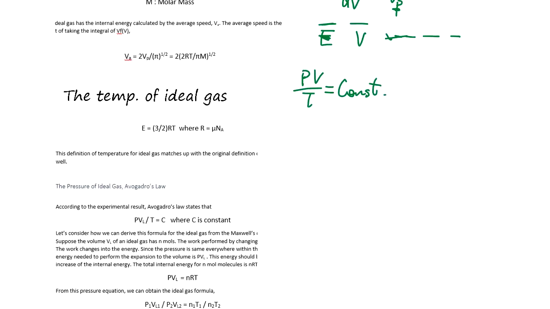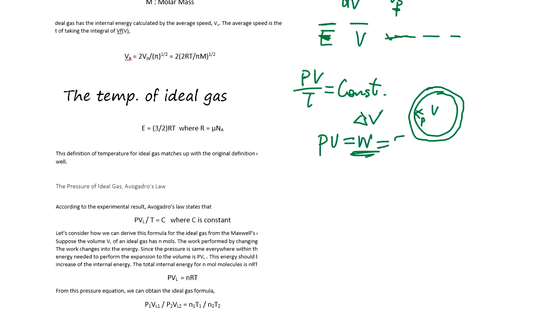What we know is you have volume and pressure, and consider the work performed when you enlarge the volume by delta V. Force is P. So PV implies the work, right, equals energy. So energy over T is constant.